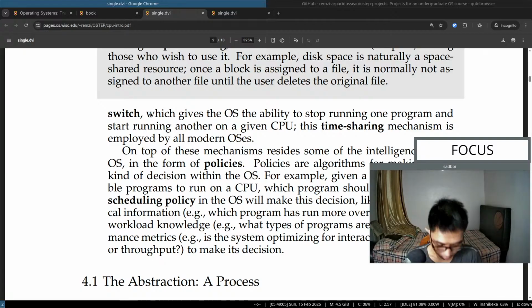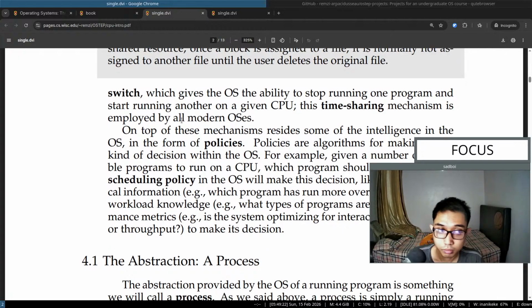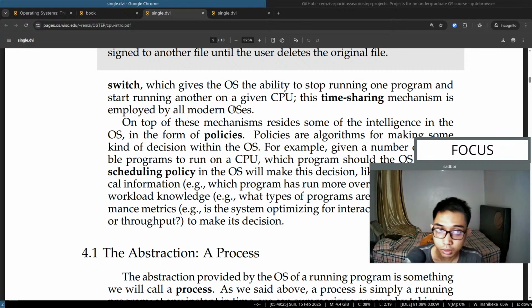Context switch. This time sharing mechanism is employed by all modern operating systems.